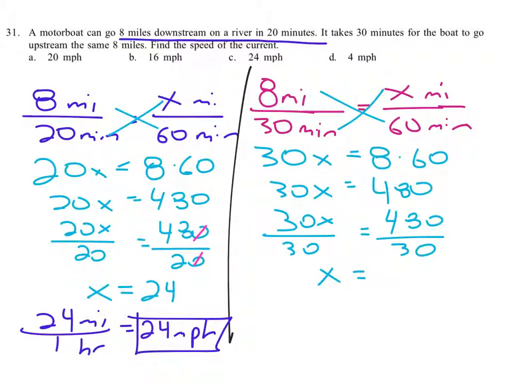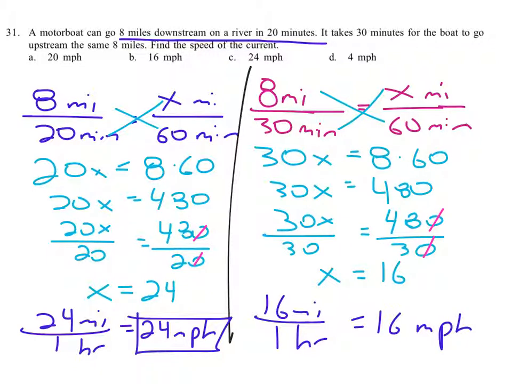And you get x equals, once again, we need to simplify this, and we can multiply top and bottom by 10 to get 48 over 3. And what is that when you divide? It actually works out to be 16. Okay, so that's 16 miles for every 60 minutes, or 16 miles for every 1 hour, which equals 16 miles per hour.